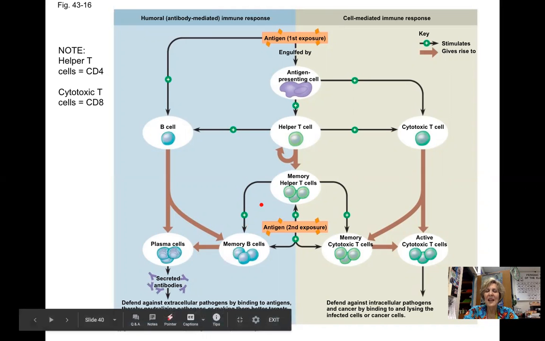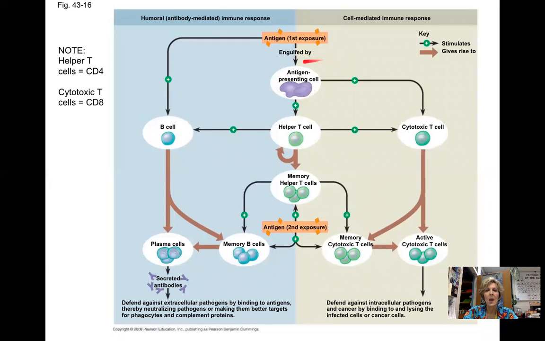So let's take just a look in general about what happens in the acquired immune system. So we have an antigen. We have some type of antigen that is on a pathogen that is infecting us, all right? And so what happens is that is engulfed by an antigen presenting cell. That can be a dendritic cell, or it can be a macrophage, or it can be a B cell.